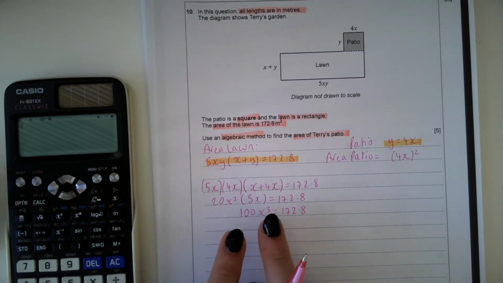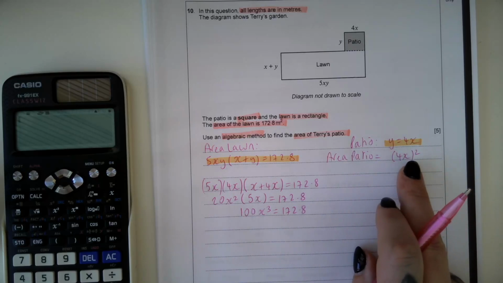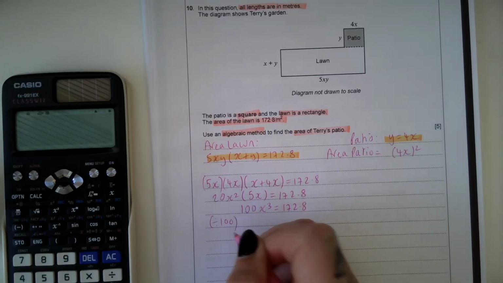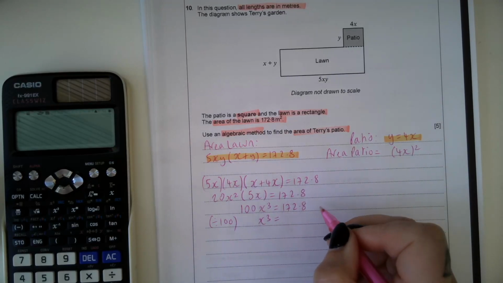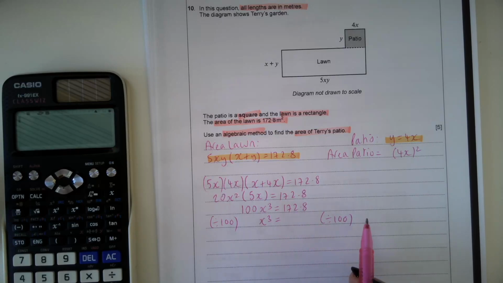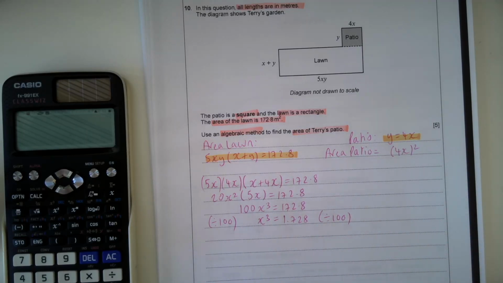Okay, we're getting somewhere. It's looking nicer. I am now going to solve this equation for x, because once I know x, I can find the area of my patio. So I'm going to divide by 100. So x cubed equals 172.8 divided by 100, which is 1.728.